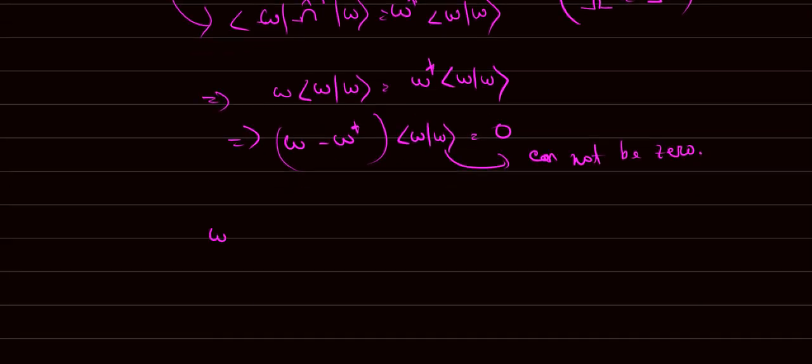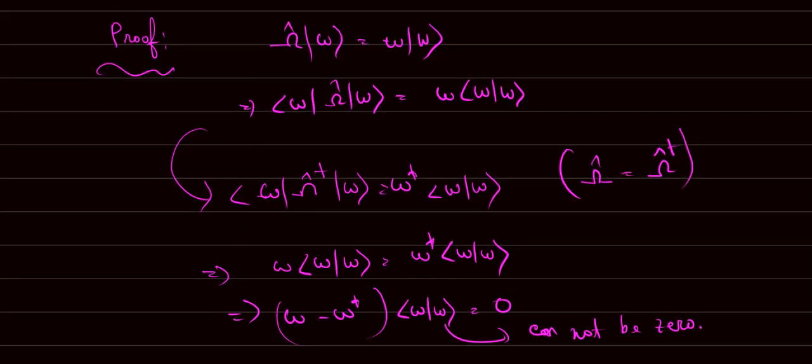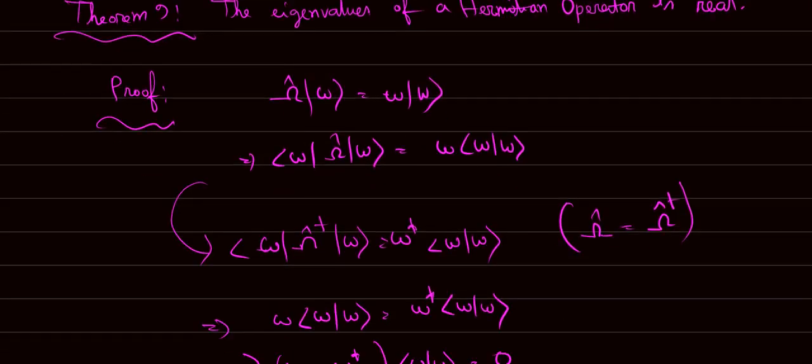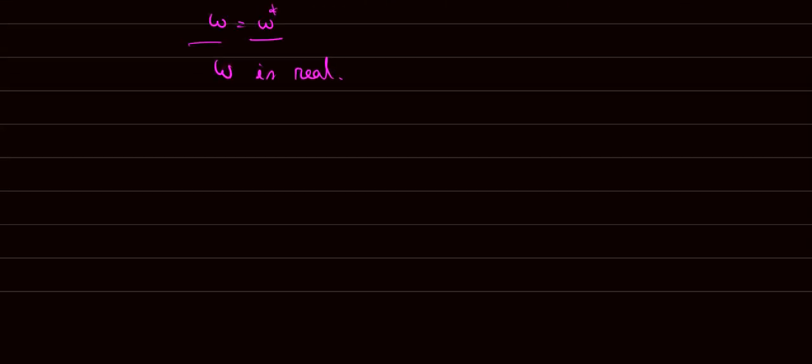So omega is omega conjugate. If the conjugate of any complex number is equal to omega, then omega is real. So the eigenvalues associated with Hermitian operators are always real numbers, not complex numbers.